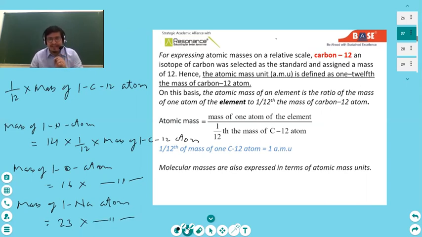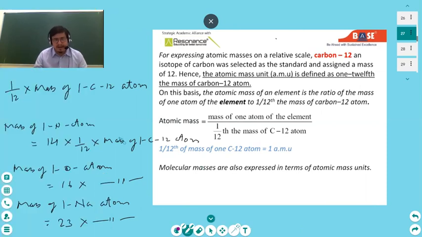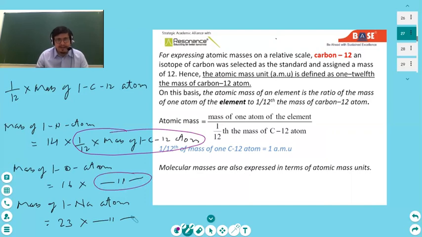Now, since this 1 by 12 is repeated frequently, they considered this entire thing as a very small unit, and that unit they called AMU.